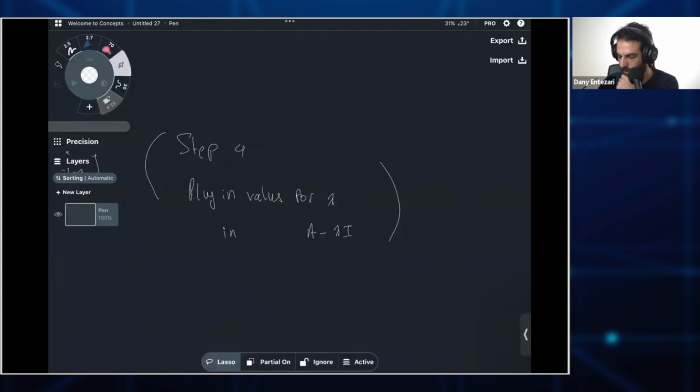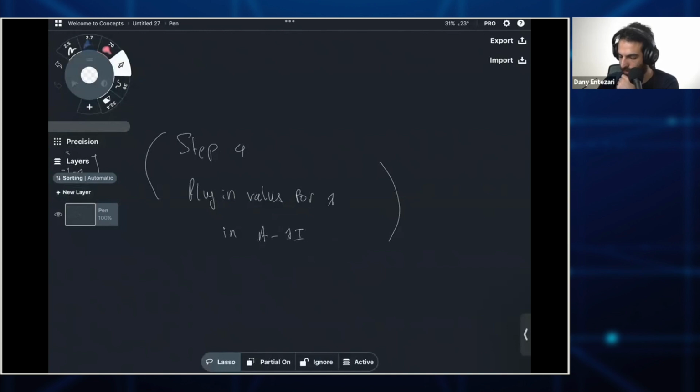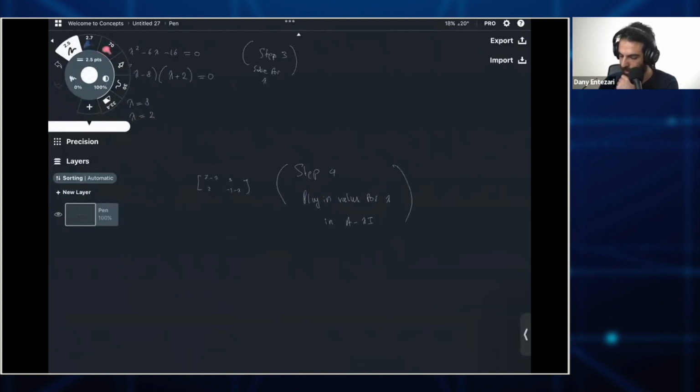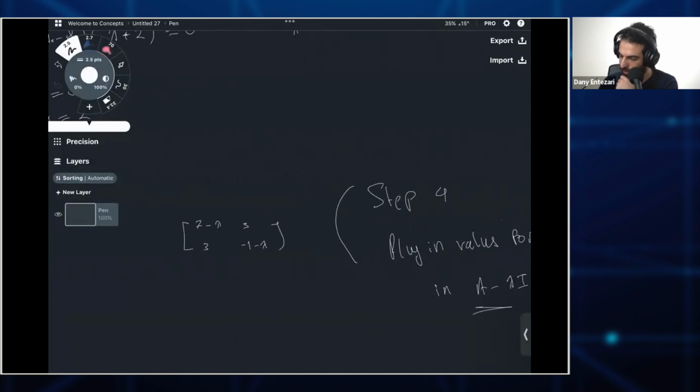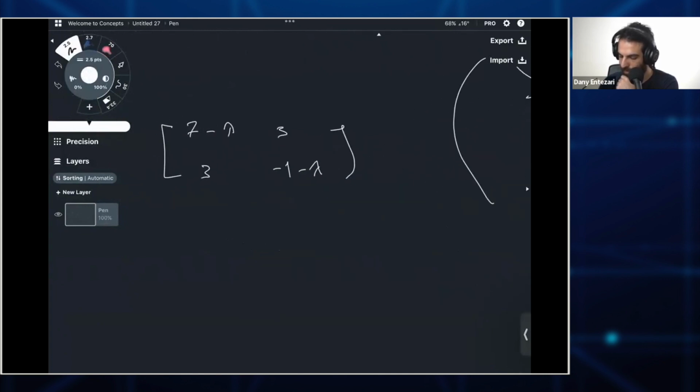So let's just bring this over here. Not the determinant, the difference of A and lambda times I. So that's this matrix. We will take one of those numbers, 8, and plug in for these values.